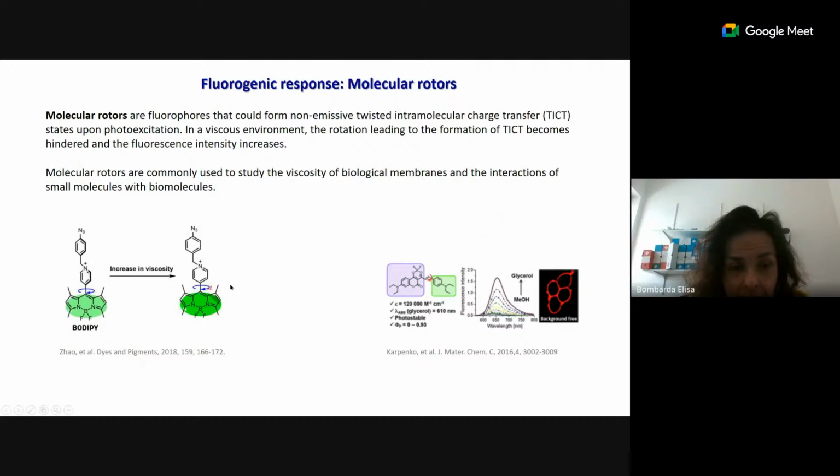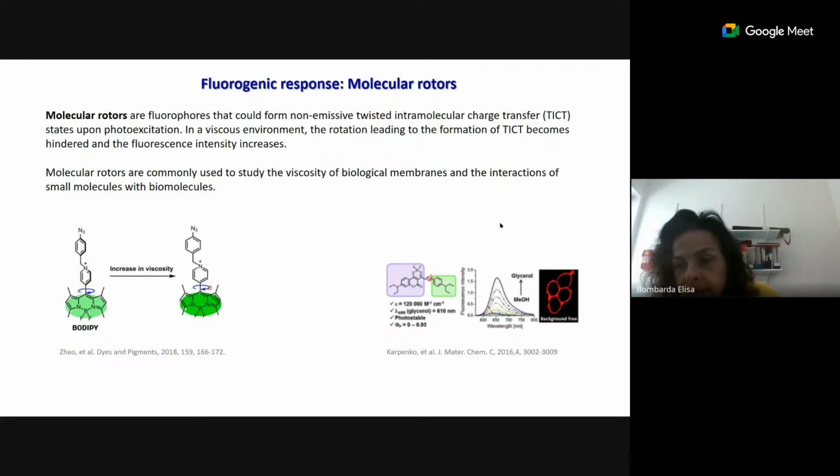And so probes of this kind, the molecular rotors, are commonly used to study the viscosity of, for example, biological membranes or a local region in the cell, so the local microviscosity in some system.